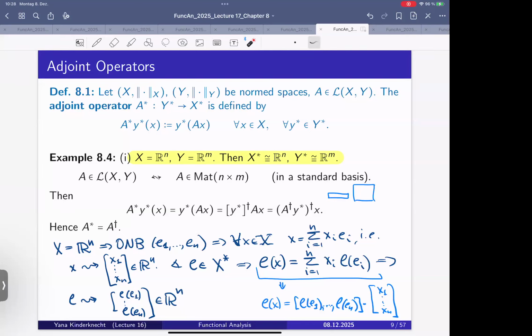Okay, so what happens here? Sorry, probably I was not quite clear. We have a matrix, this one. We have a column vector x, this one, and we have a row vector y, this one. We may either do like this, first multiply A with x and then with y, or we may do like this.